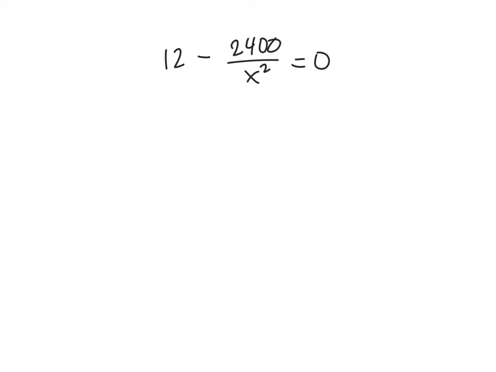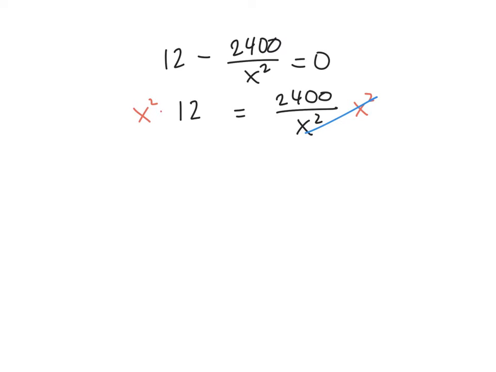So as I stated, we're trying to set the derivative equal to 0 and solve for x so we can find our critical points. I'm going to run through a little algebra here. I'm going to add the 2400 over x squared to both sides, so I get 12 equals 2400 over x squared. And then I can go ahead and multiply both sides by x squared because I know x doesn't equal 0 because I threw that solution out.